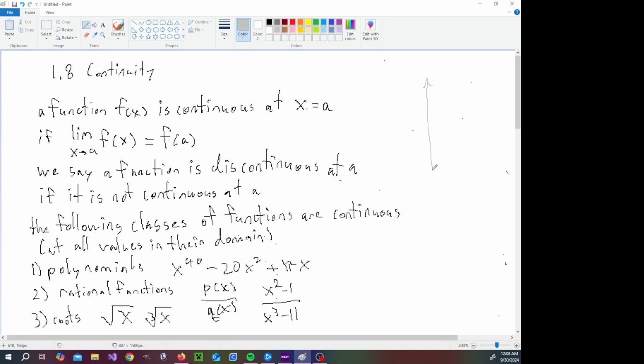The graph of a square root is going to look like this, right? But the graph of a cube root actually will include negative values.